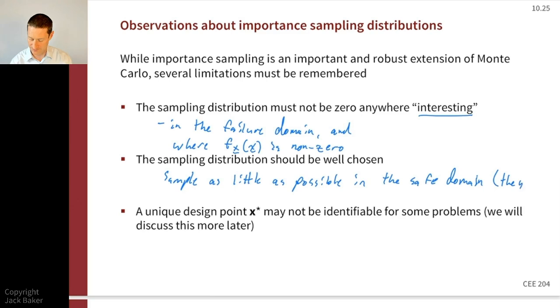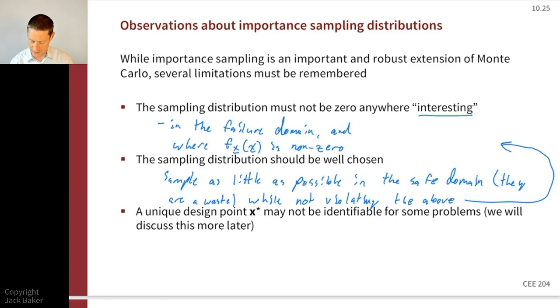I'm going to sample them and then I'm just going to multiply them by a zero in that indicator function and throw them out, while not violating the above condition. It's this condition up here.